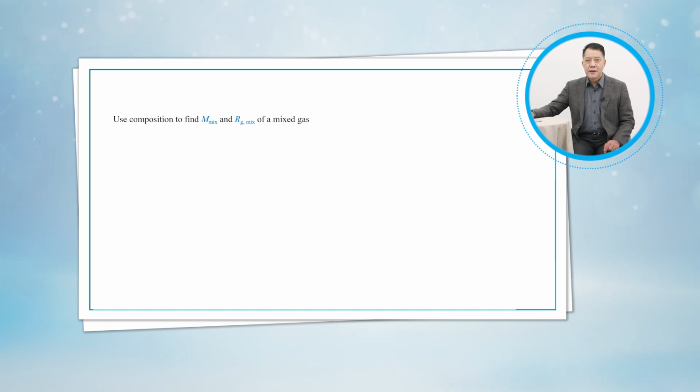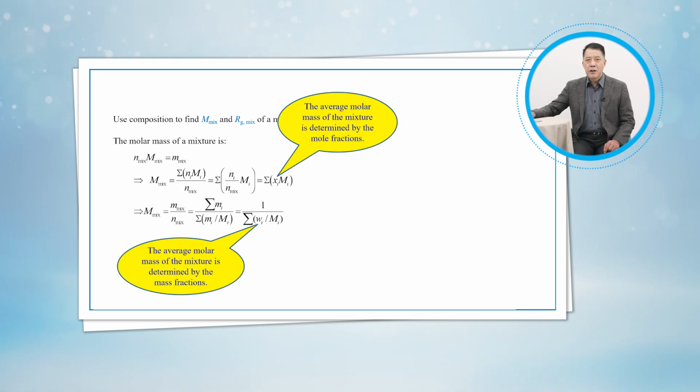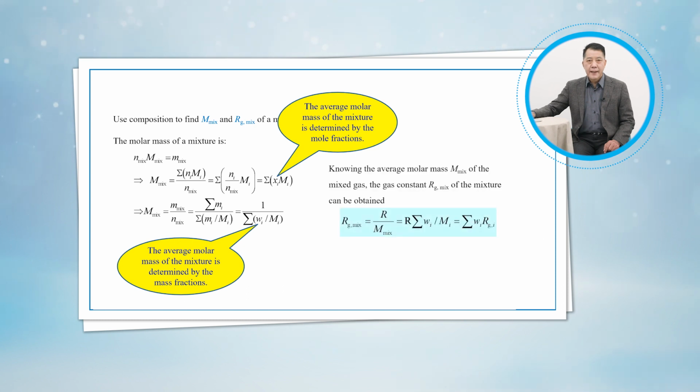The molar mass M mix and the gas constant Rg mix of a mixed gas can be found by the composition. The molar mass of a mixture can be determined by either mole fractions or mass fractions. The gas constant of a mixture then is.